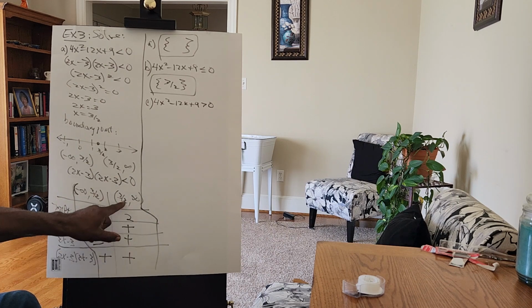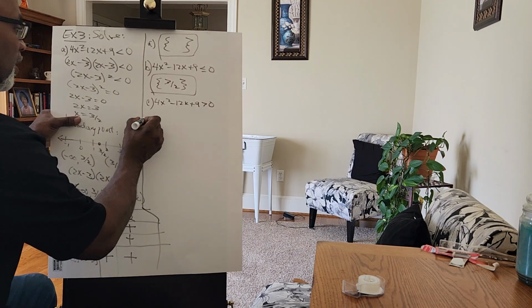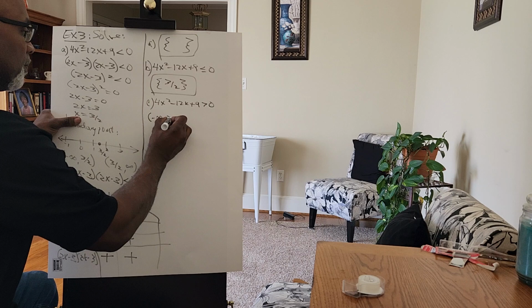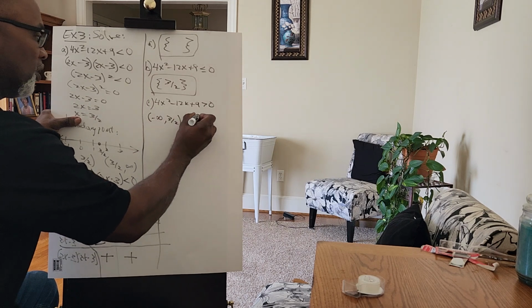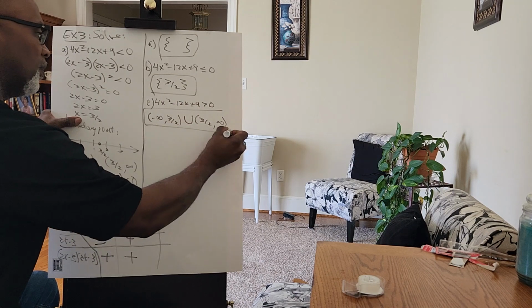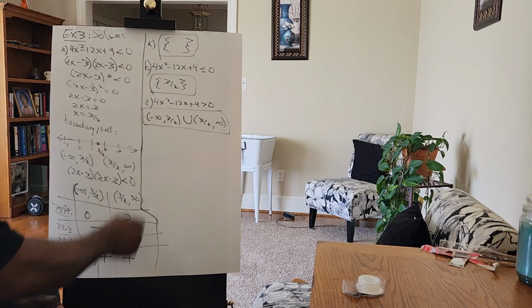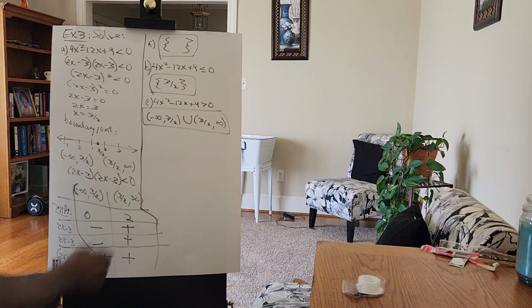It is positive in the interval from 3 halves to infinity. Again, it's equal to 0 at the boundary point. So negative infinity to 3 halves, union, 3 halves to infinity, that would be the answer to part C. It's positive in this first interval and positive in that second interval.